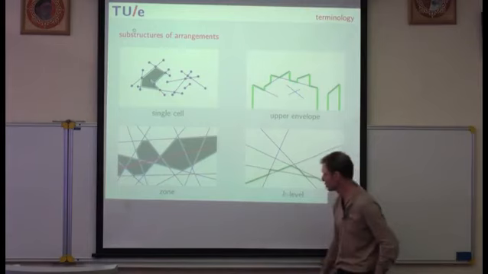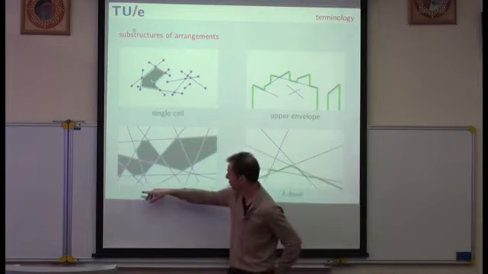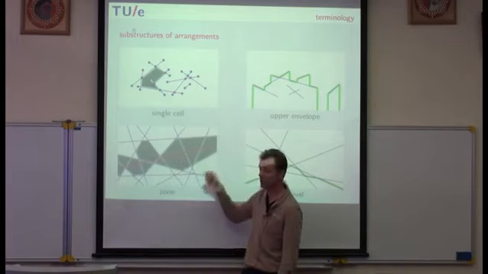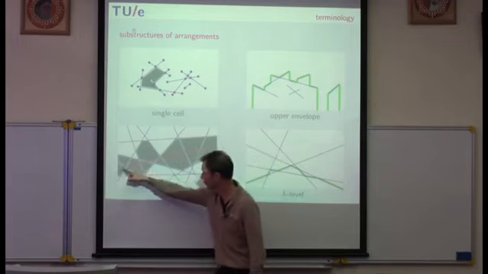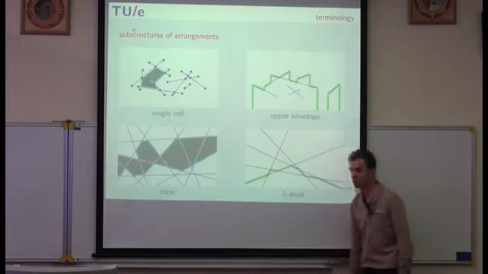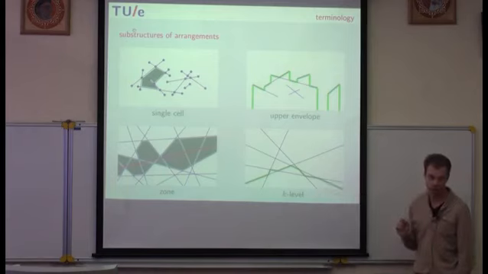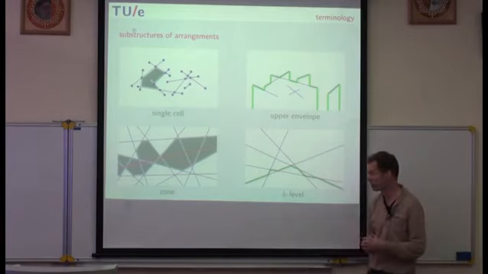We're going to look at the complexity of a number of cells, but the cells that are given by, well, take all of the ones that are intersected by a line. Look at that very briefly. And then we're going to look at the K level, or actually the at most K level.